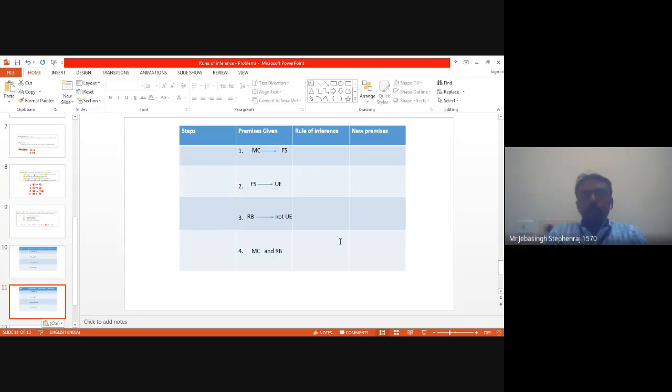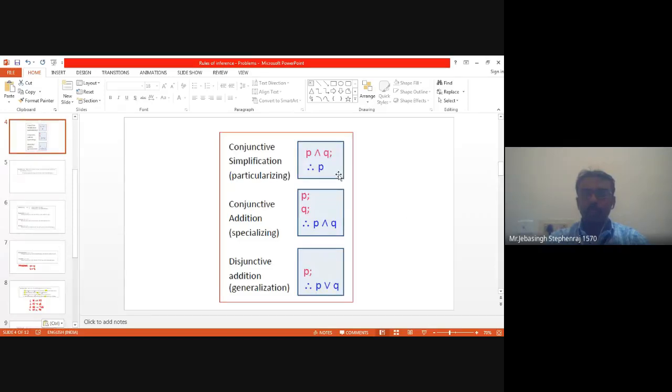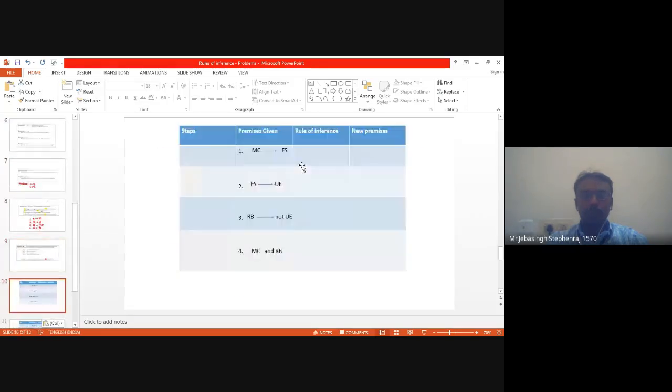What are the new premises we can find from the given premises? If you look at the formulas, if P and Q is there, then I can take P. This is called simplification. If two statements are connected by AND, then I can take P. If two statements are there separately, then I can connect them by AND. So I'm going to use conjunctive simplification for the fourth premise.